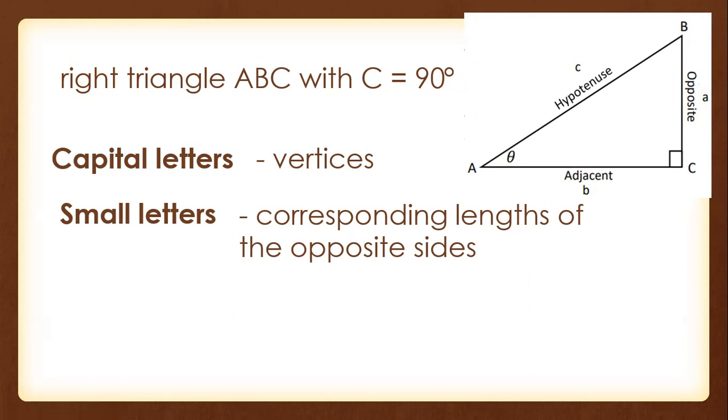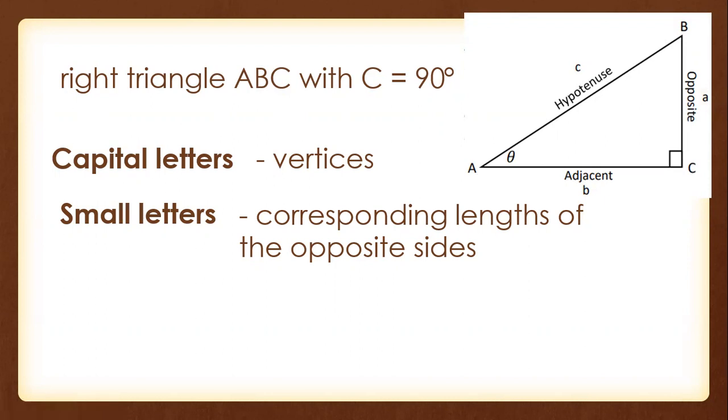And the opposite sides, we represent as small letters. Okay? So, vertex A, the opposite side is side a. Vertex B, the opposite side is side b. Vertex C, the opposite side is side c.